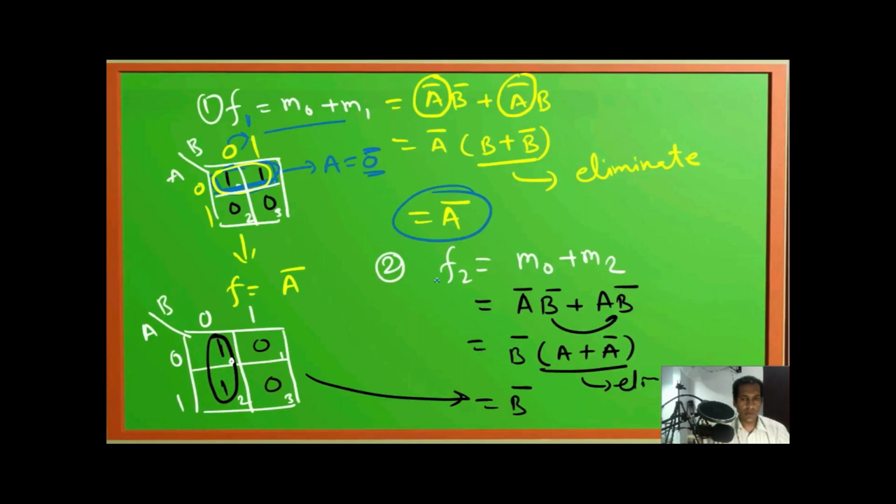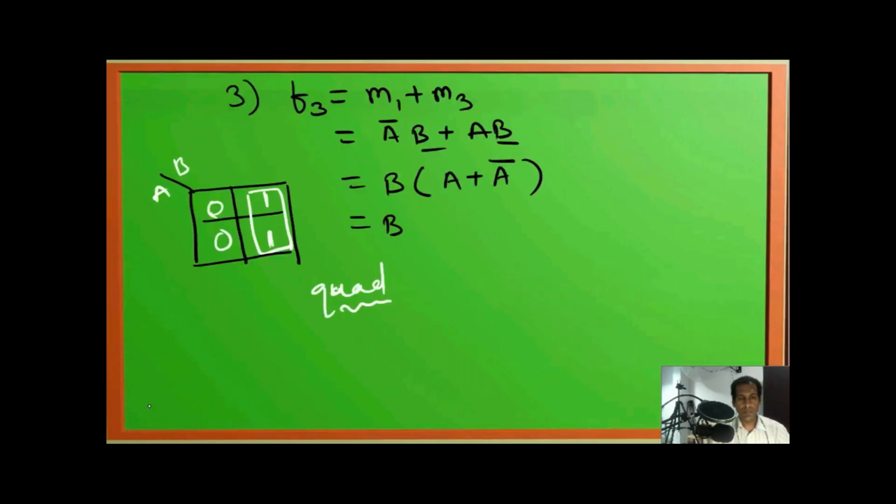Now if we focus on this function f2, m0 and m2, you can see which value is constant here. B is 0 throughout this complete square, and that value is 0, that's why we write B bar. And A values are changing, so that value is eliminated. Similarly, if you observe here, which value is constant?